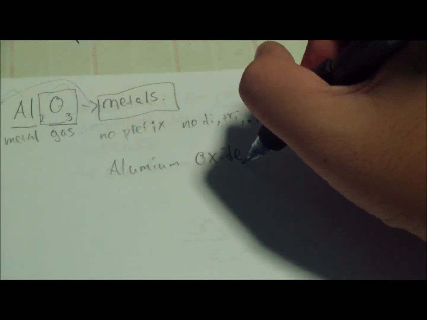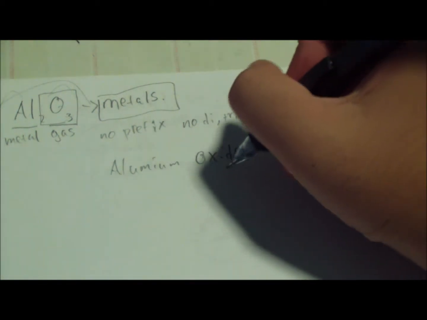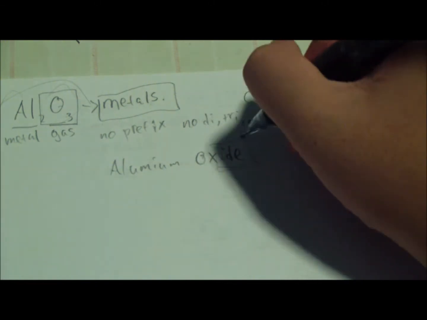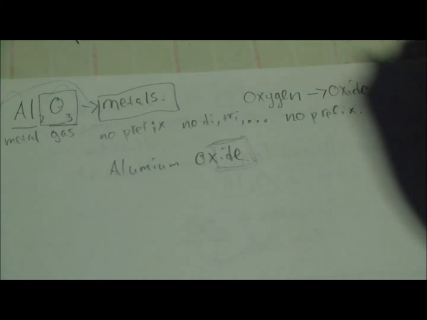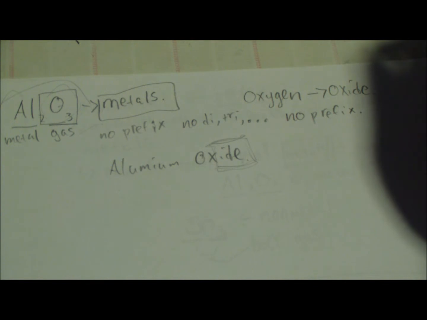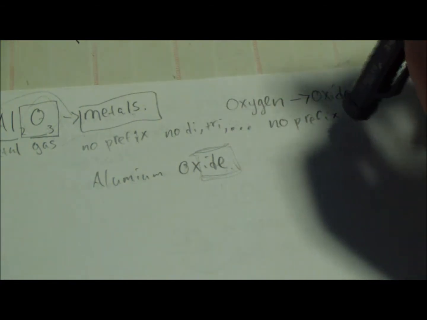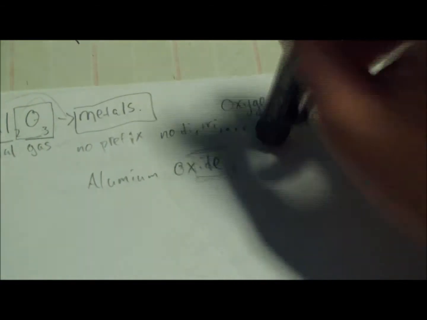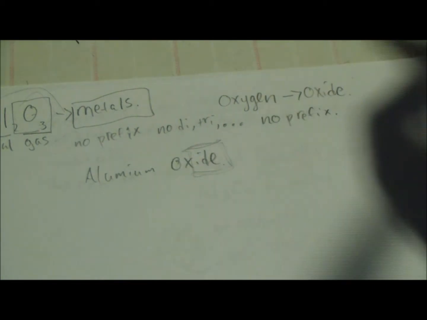Most of the time it's going to be oxygen, nitrogen, whatever at the end, so you only need to know the IDE version of it. It's pretty simple. Whenever oxygen or those kinds of gases are at the end of a binary compound, you need to have IDE at the end, no matter whether you have prefixes or anything.